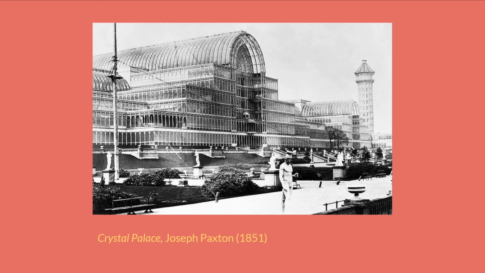So this is the Crystal Palace by Joseph Paxton. It's often renowned as one of the most important postmodern industrial buildings. It's very much about physical material. It's 600 meters of repetition of the same prefabricated iron and glass structure.